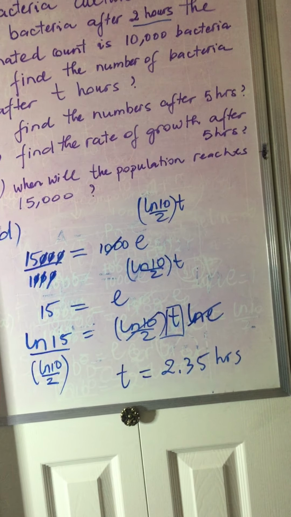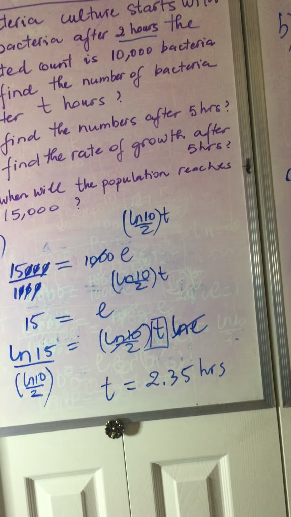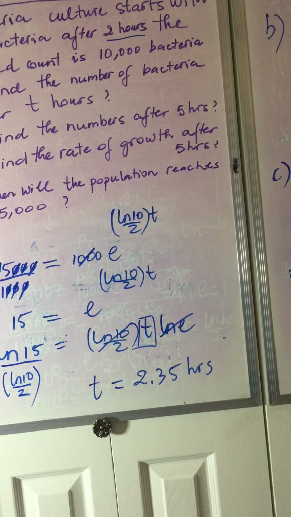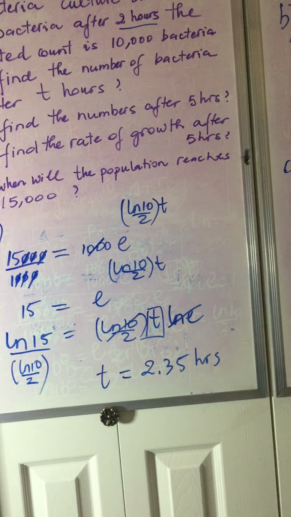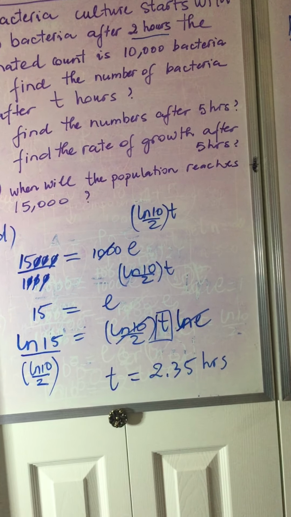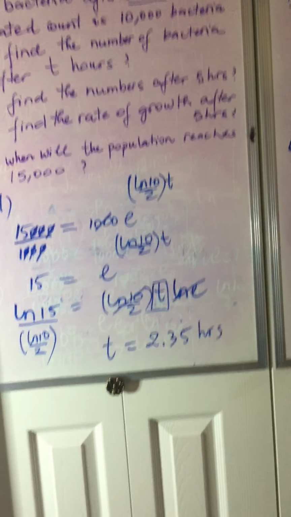So now what you have to do is take ln on both sides, ln 15 equal, bring down the power ln 10 divided by 2 times t in front of ln e, and ln e is just equal 1. So now ln 10 divided by 2 is just a number.